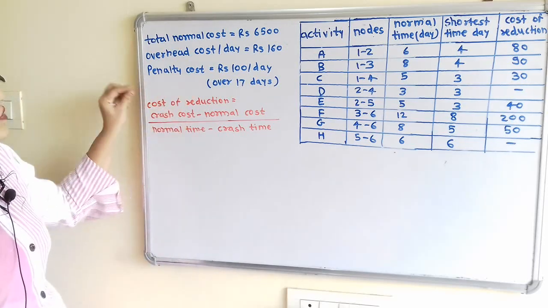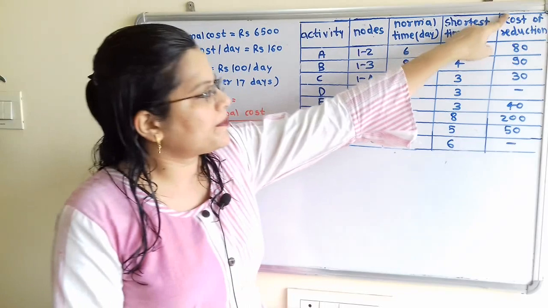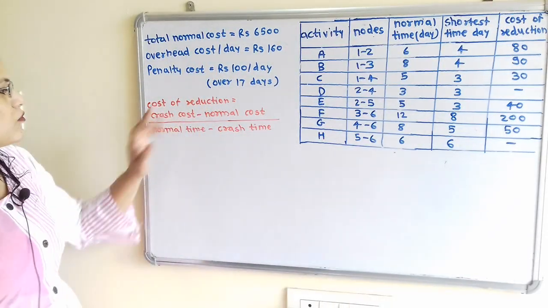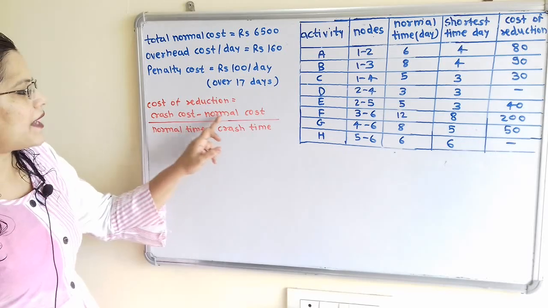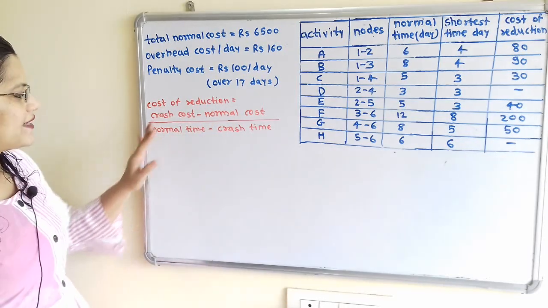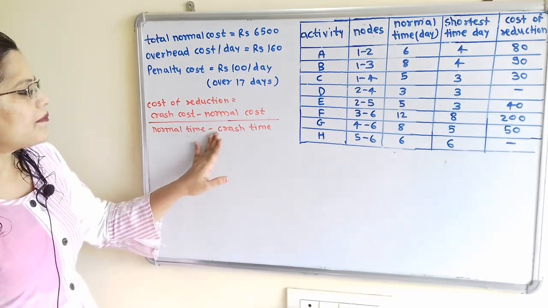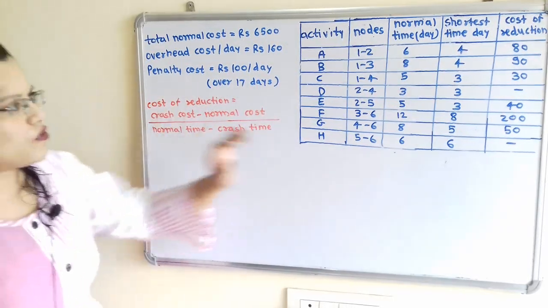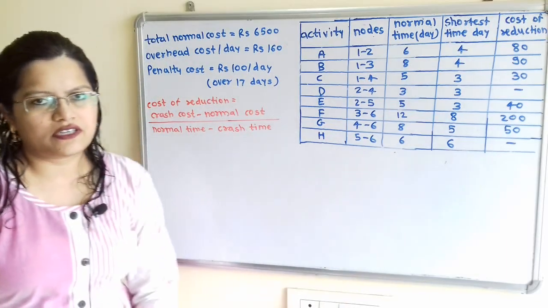Now if the cost of reduction is not mentioned in the question, then we have a formula to calculate it: crash cost minus normal cost divided by normal time minus crash time. By using this formula we can calculate the cost of reduction.